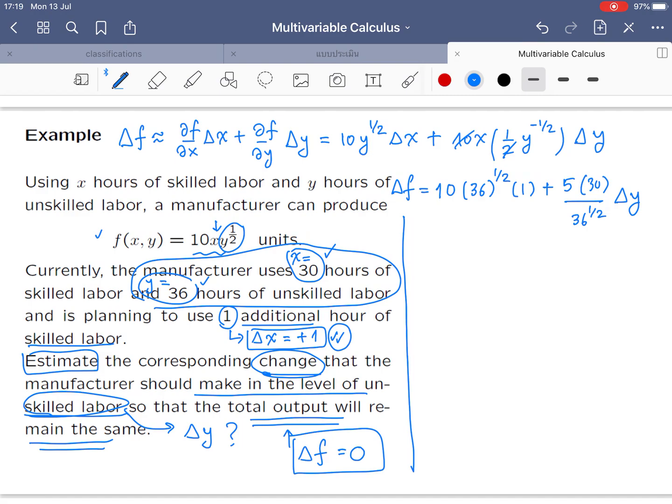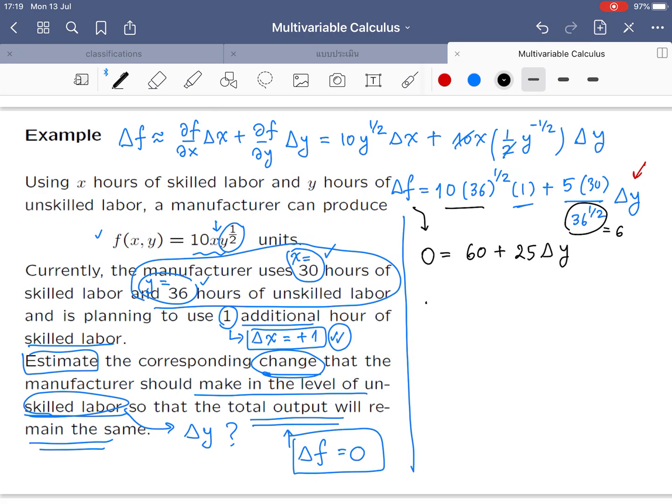Of course, the unskilled labor will be decreasing, is it? Because you already increased some workers, so some of the workers must be decreased, right? So if you need this one to be 0, this is 60, this is 6, so it is 25, is that right?